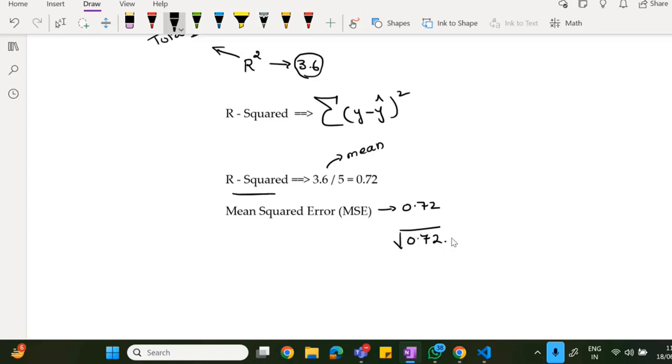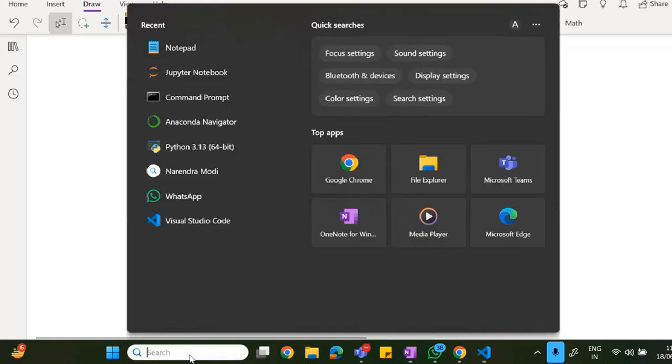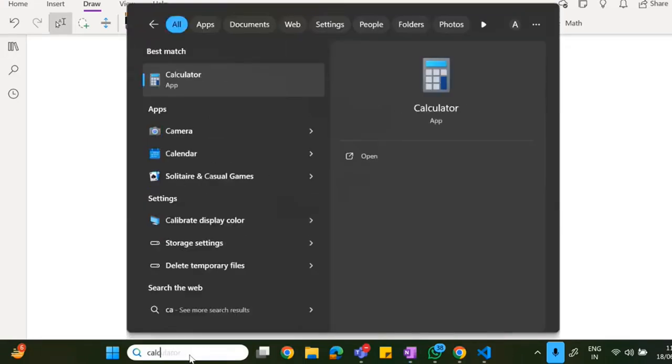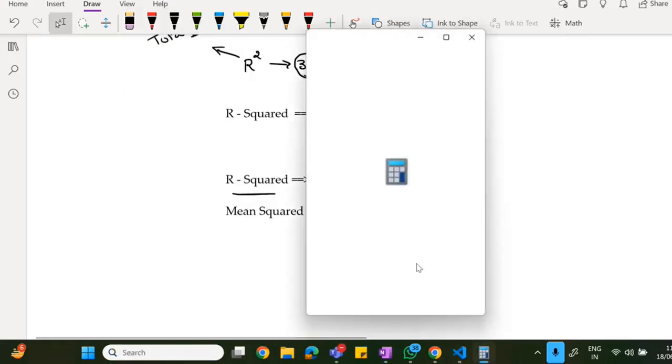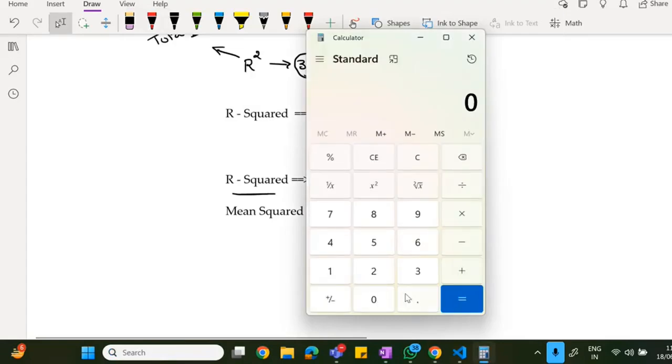Now let me calculate it. I'll use a calculator. 0.72, apply the square root. That is 0.84.